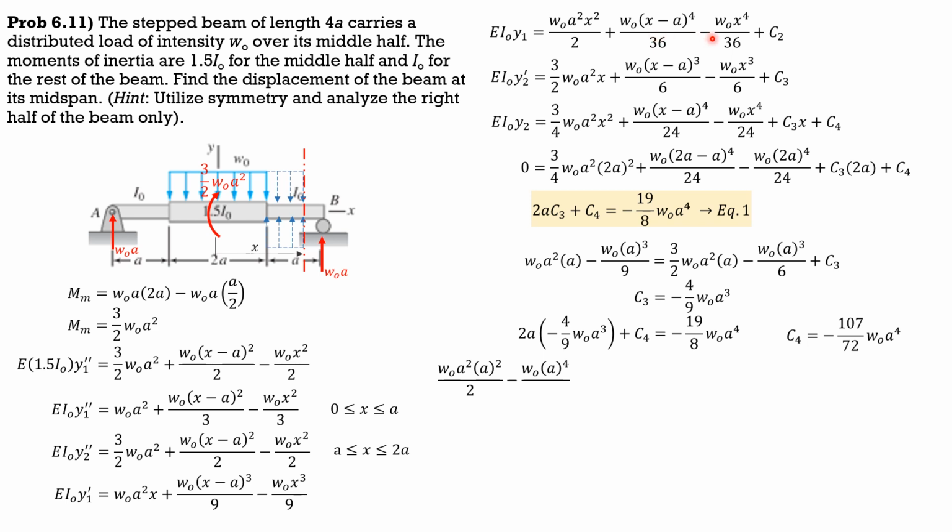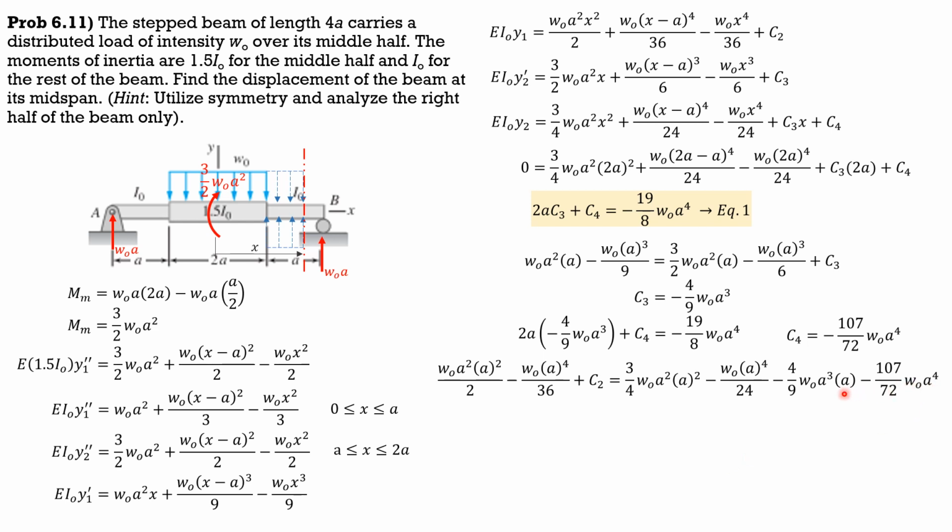Minus w0 a to the fourth over 36 plus C sub 2 equals 3/4 w0 a squared times 0 minus w0 a to the fourth over 24 plus C sub 3, which is negative 4 over 9 w0 a cubed times a plus C sub 4, which is negative 107 over 72 w0 a to the fourth.